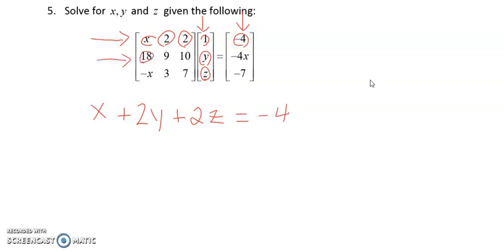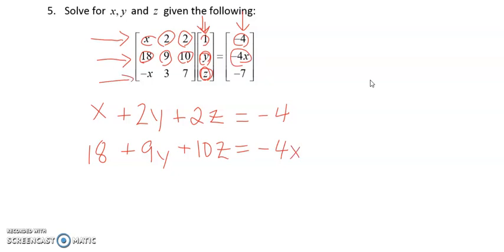Now you're going across the row, remember, and down this column. So 18 times 1, that's 18, and then 9 multiplied by the y, plus 9y, and then 10 multiplied by z, or positive 10z. And that's equal to negative 4x. Look at that. Wow. All by itself.